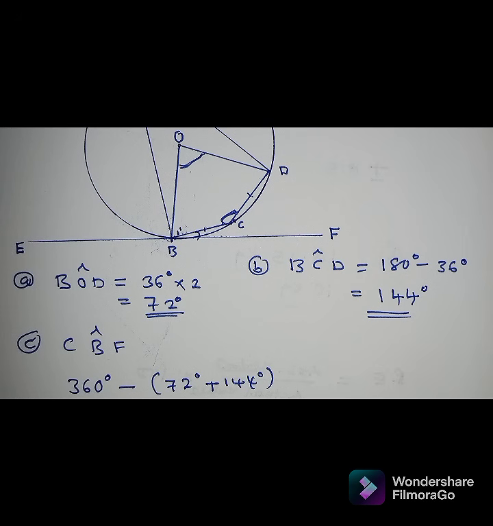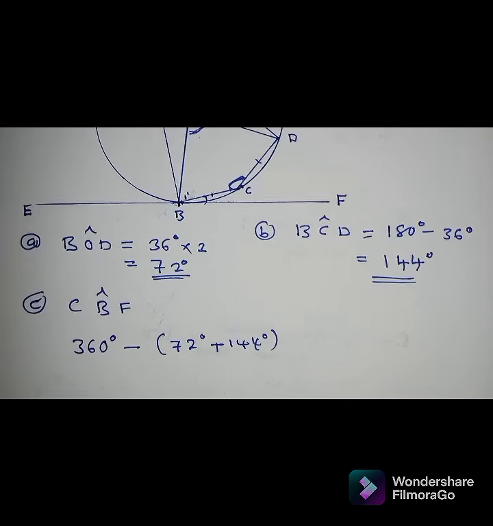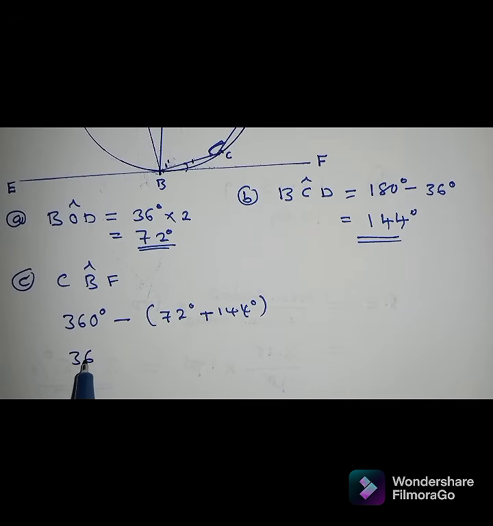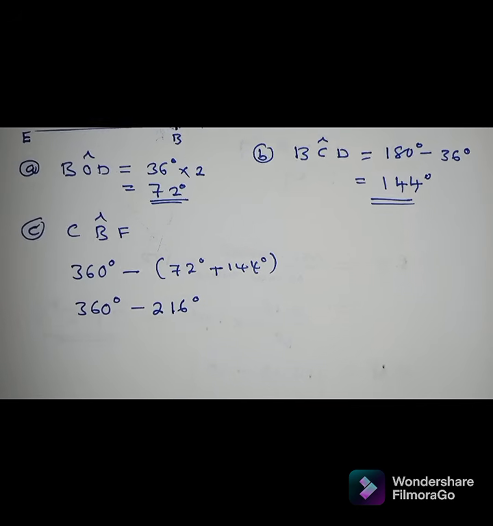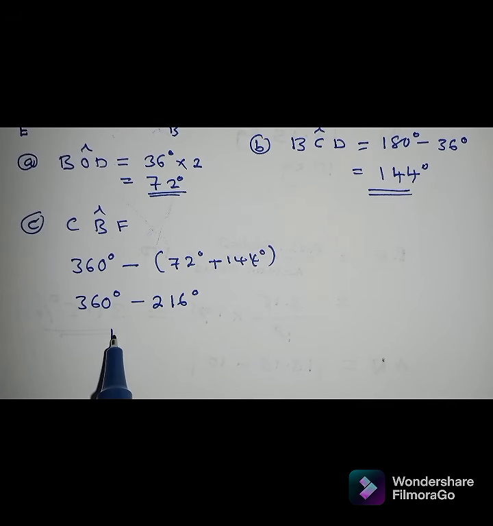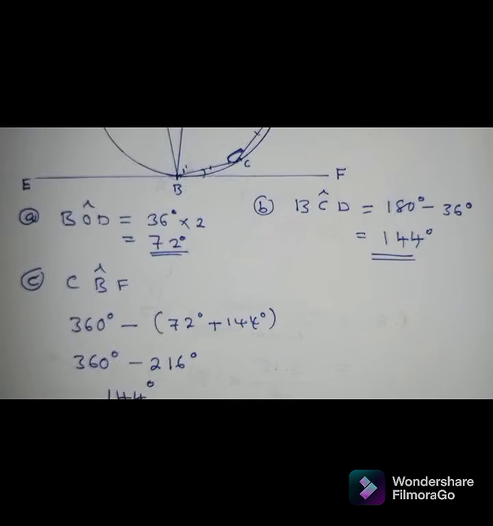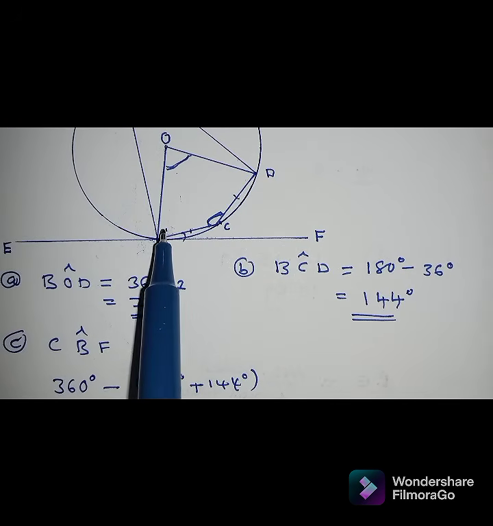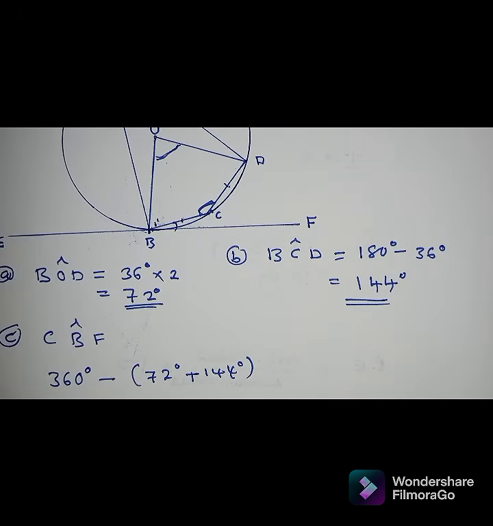So when we add these two, they give us 216, so 360 degrees minus 216 degrees is giving us 144 degrees. Okay, so meaning these two angles, this and this, total 144.